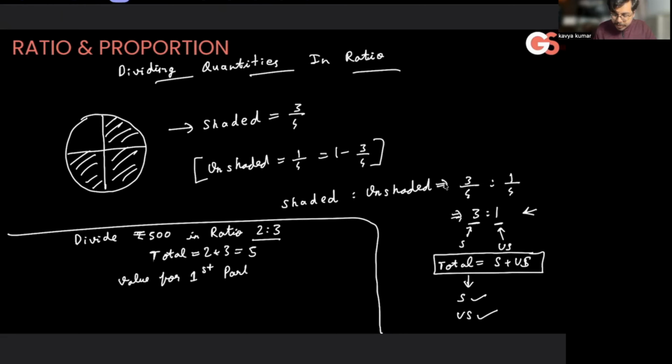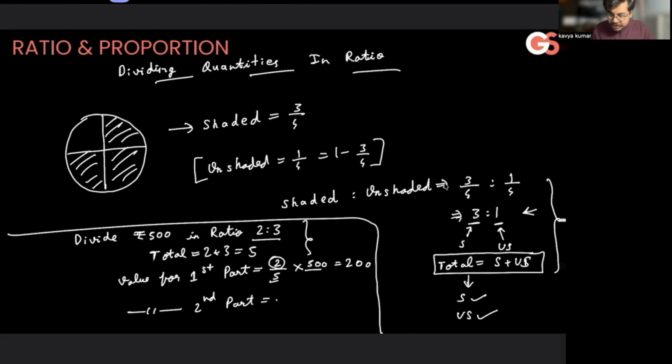So the value for the first part becomes 2 by 5 into 500. So this becomes 500 divided by 5, which is 100, and 100 multiplied by 2 is 200. Similarly, the value for the second part is 3 by 5 multiplied by 500, which becomes 300.